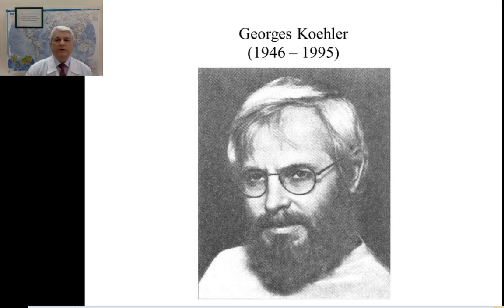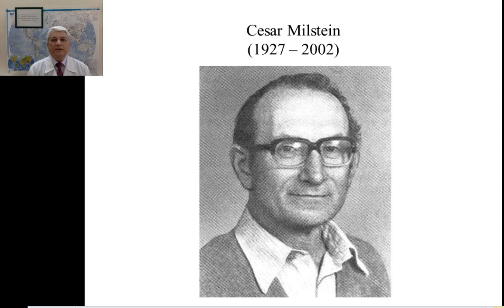And second one is César Milstein. He was born in Argentina, but also then moved to Great Britain, and they worked in one laboratory together with Köhler. So Milstein and Köhler were working together.